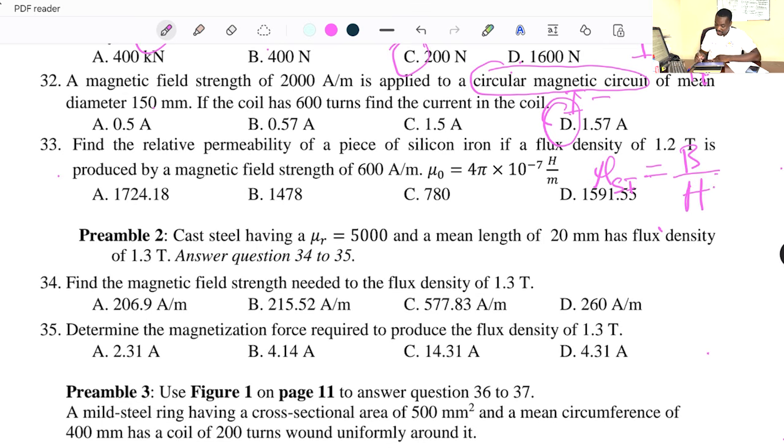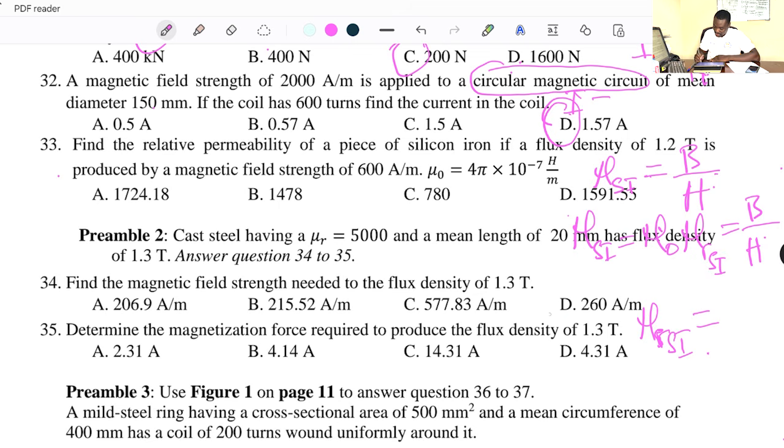And absolute permeability of silicon iron is also equal to the relative permeability of silicon iron times the permeability of free space. That will be equal to the magnetic flux density over the magnetic field strength. So we are interested in the relative permeability of silicon iron, so we make it the subject.